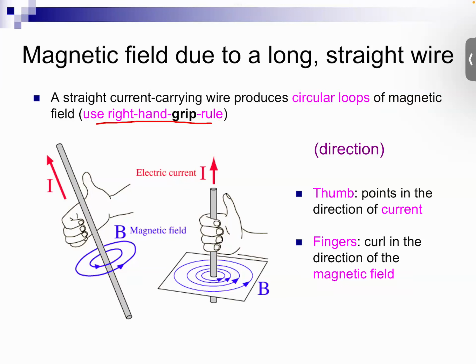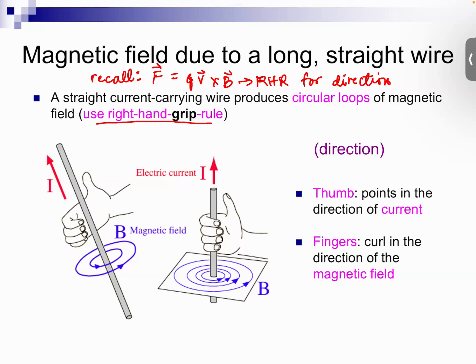Because remember, when we were determining the direction of, for example, the force exerted on a moving charge, we also use the right-hand rule to determine the direction of the magnetic force in this case for cross products of two vectors.